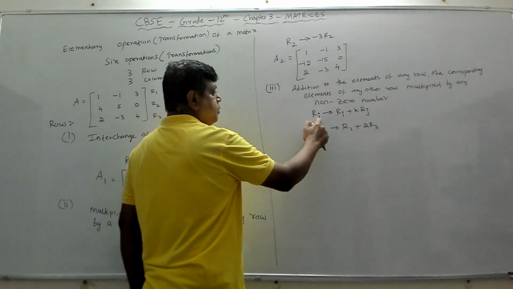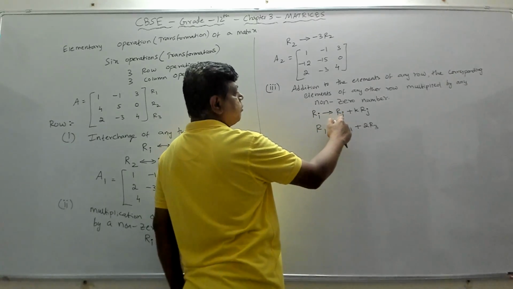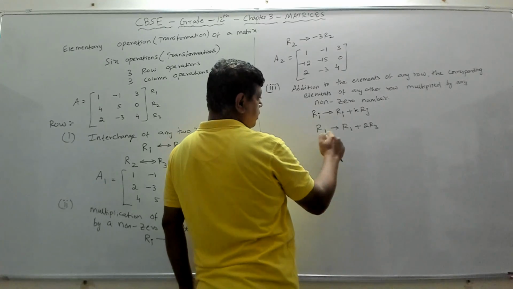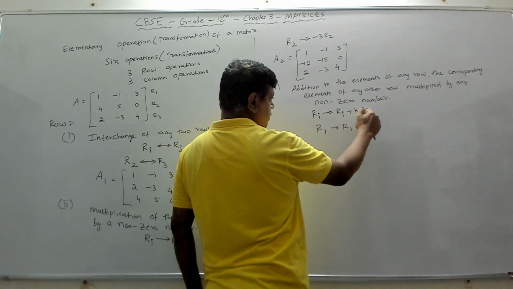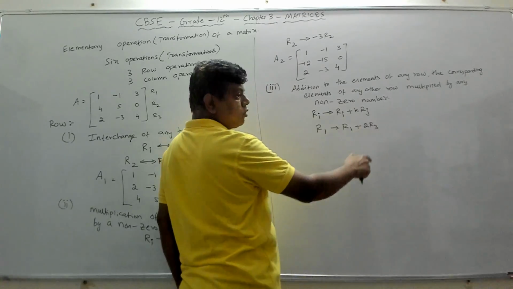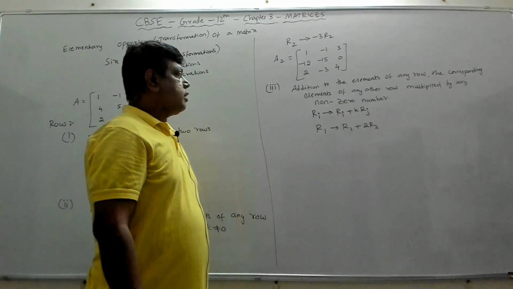If this is R2, then this also should be R2. This can be anything. So R1 implies R1 plus 2 times some other row. I can put R2 or R3.